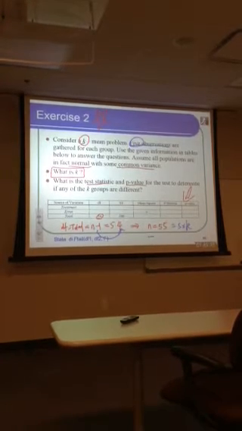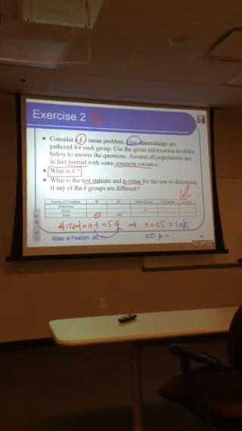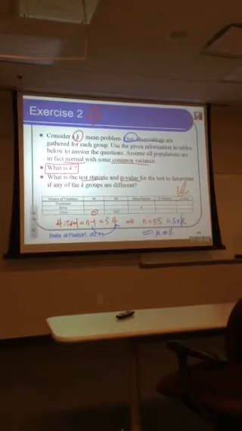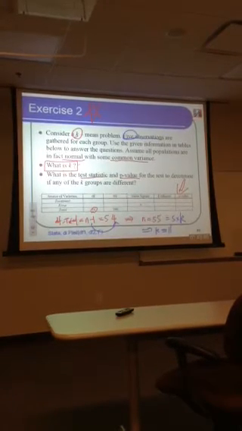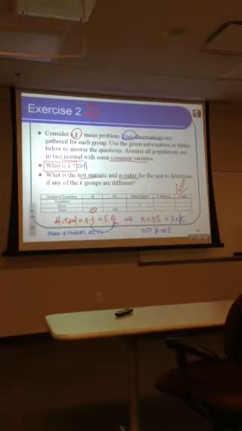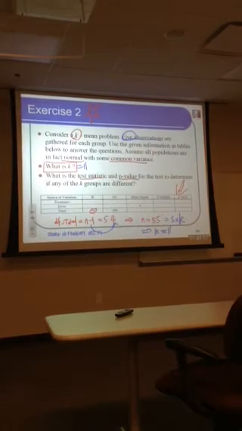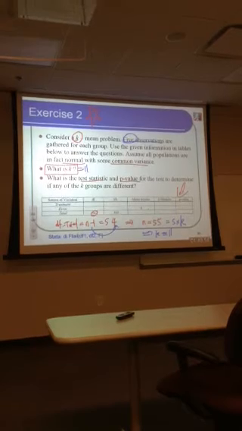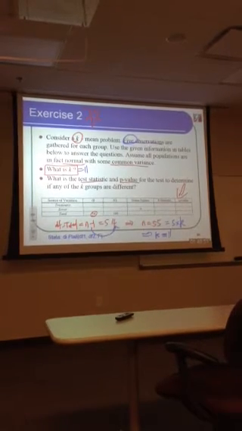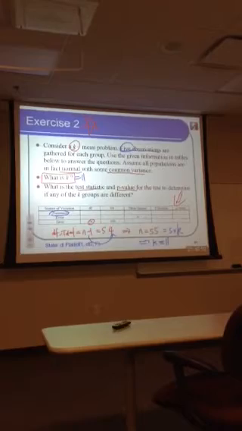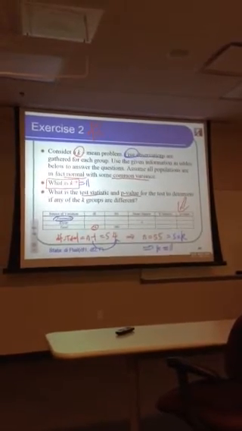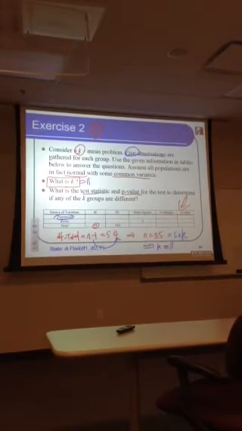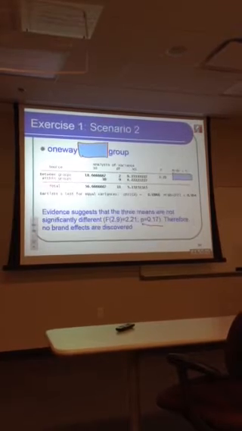So K has to be equal to 11. That's the value of K: 11. So we actually compare 11 different groups.